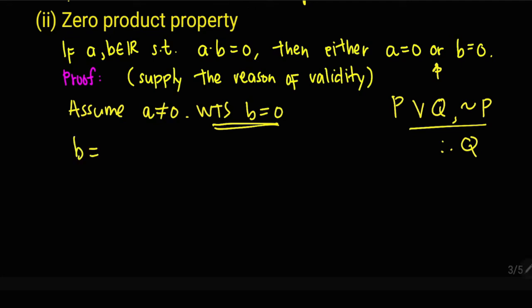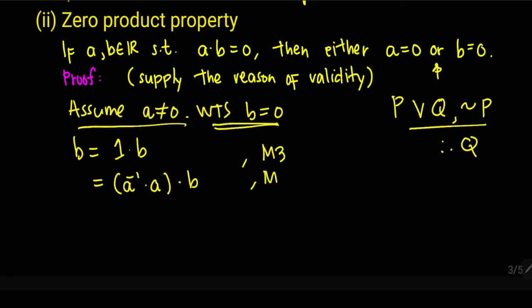Using the same technique that we've used a while ago, we can write b as 1 times b. Again, that's by the existence of multiplicative identity, or that's M3. But since a is not equal to 0 by assumption, then it must have an inverse, right? So, meaning, we can rewrite 1 as a inverse times a, quantity, and then we copy b.